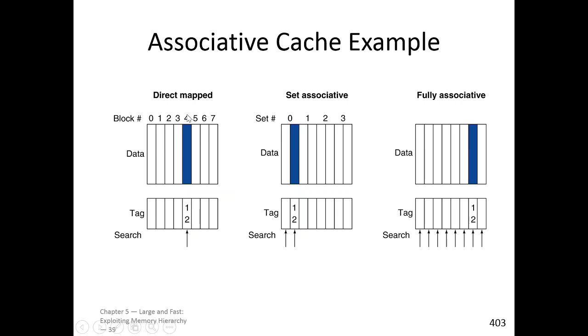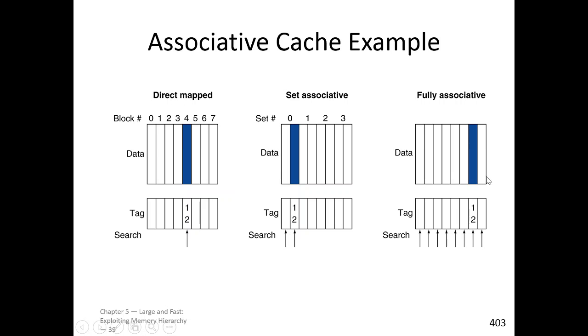Let's look at a picture. Picture is easier. So here's direct mapped, the block at 4 here, and here's the tag. Here's set associative. There's 4 sets in these 8 blocks, so each set gets 2 blocks. You can see right here the 2 blocks that belong to set 0, 2 blocks that belong to set 1, and so on.